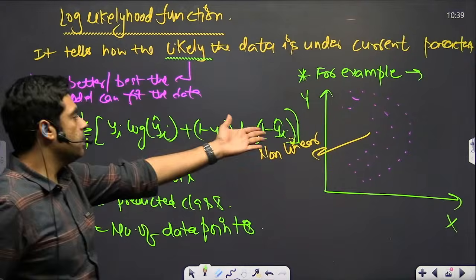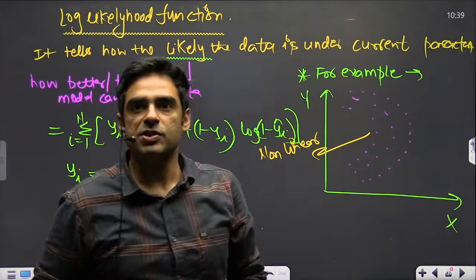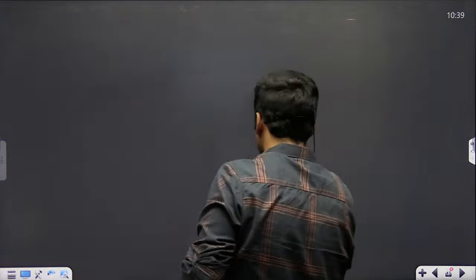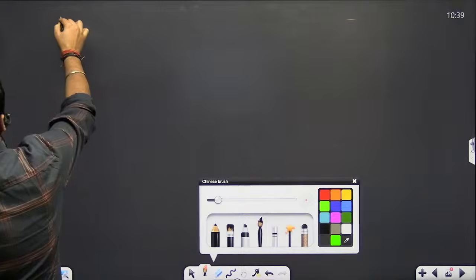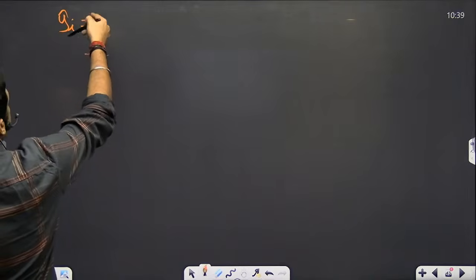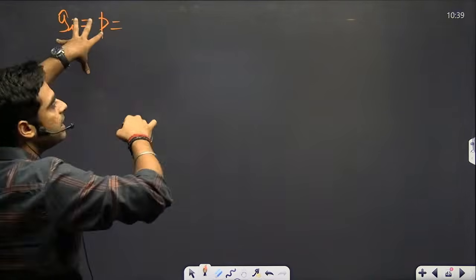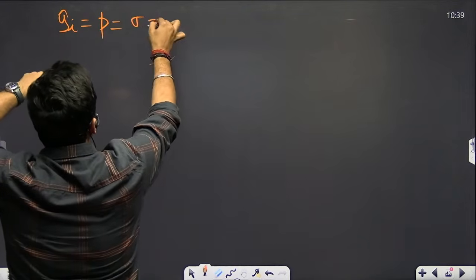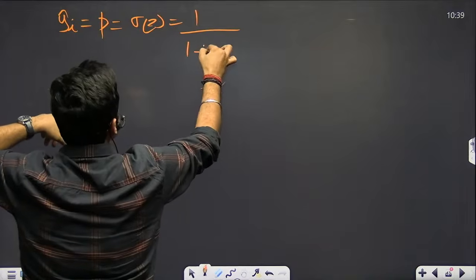Tell me, what is yi hat for logistic regression? What is the prediction? Very simple. yi hat is the probability. You won't be getting a class number; here you get the probability for that class, which is sigma of z, 1 upon 1 plus e to the power of minus z.